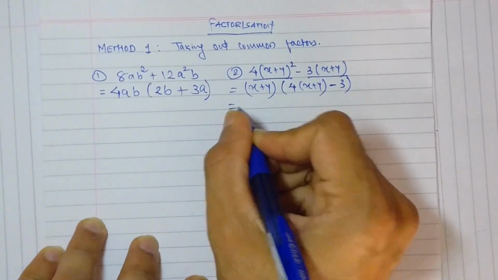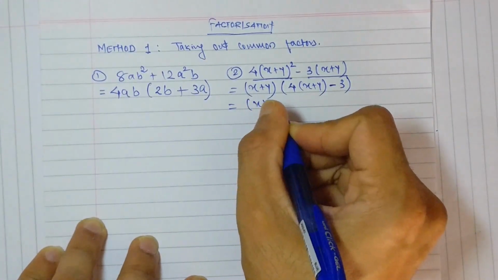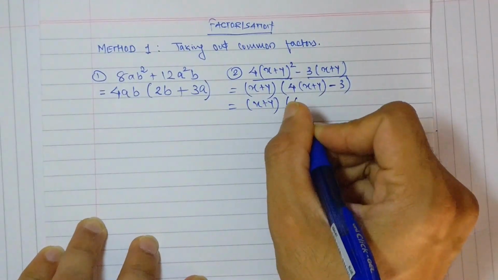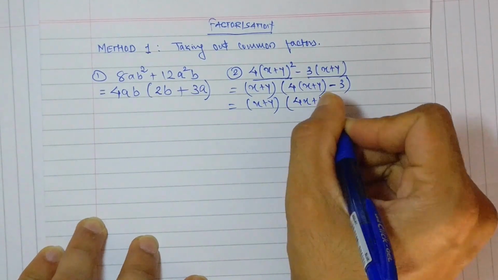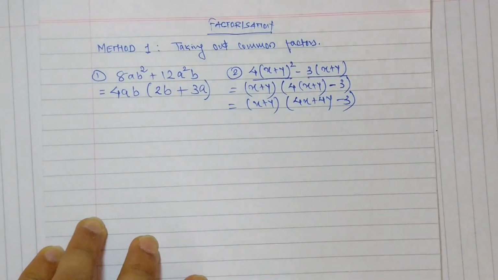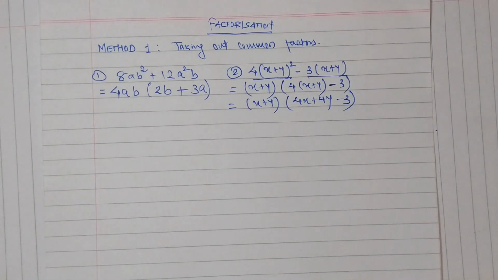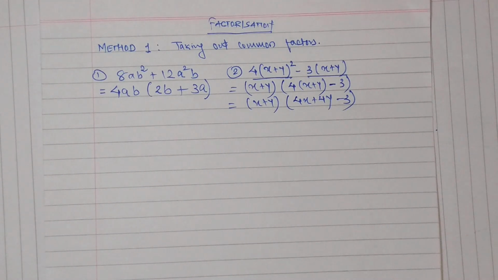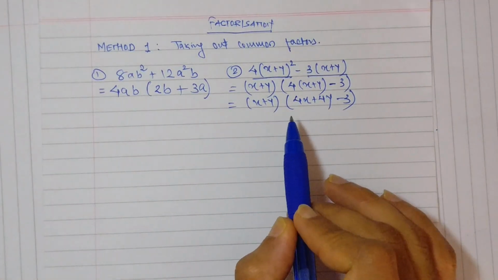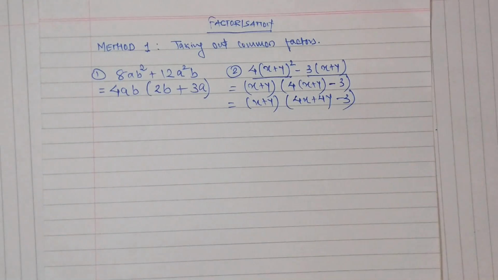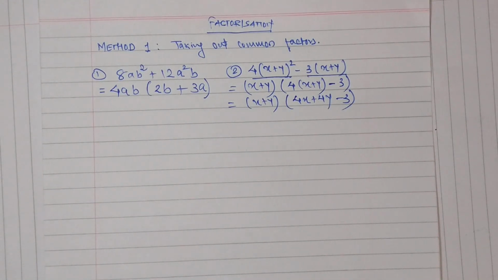You can simplify this further. X plus y bracket 4x plus 4y minus 3. So these are the factors. X plus y is one factor and 4x plus 4y minus 3 is one factor. Always remember your final answer will be in terms of a product, multiplication of two terms.